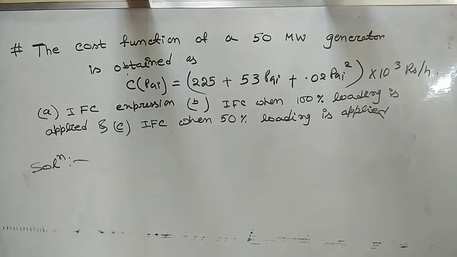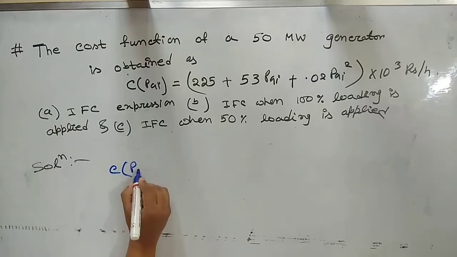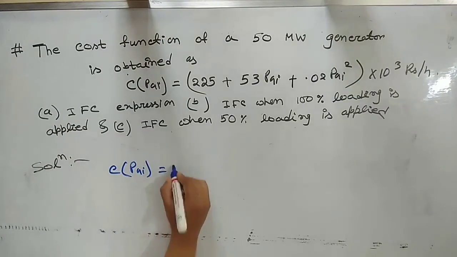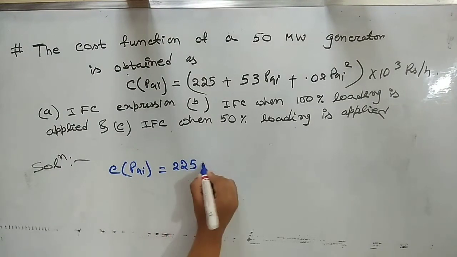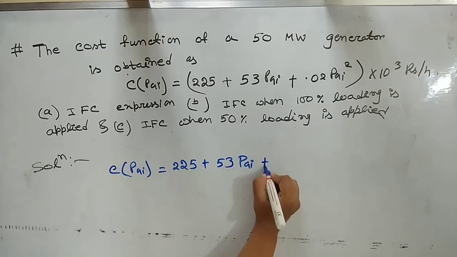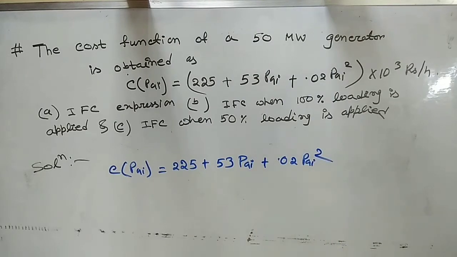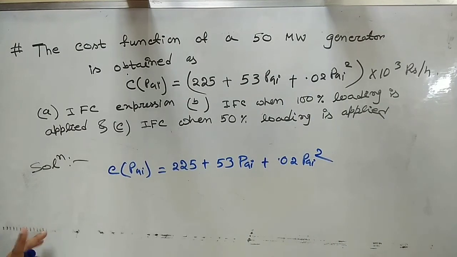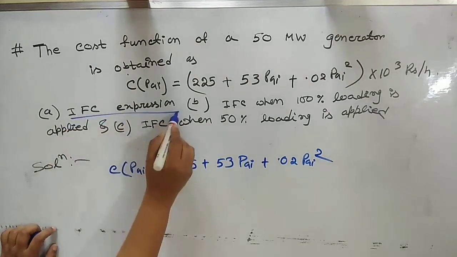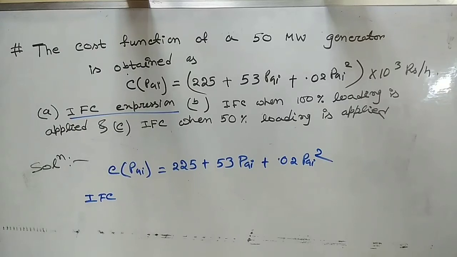What is the solution? First, it is given that C(PGi) is equal to 225 plus 53 PGi plus 0.02 PGi square. Now, what is the expression for IFC? What is incremental fuel cost or incremental cost?